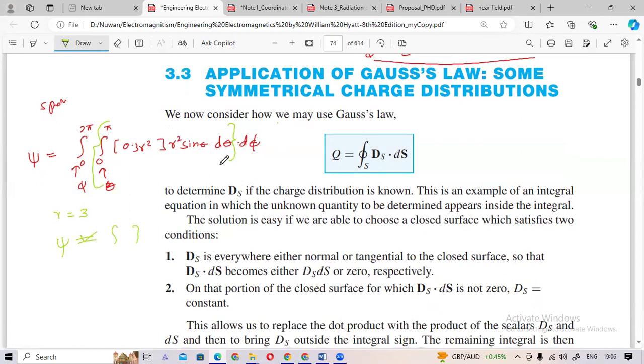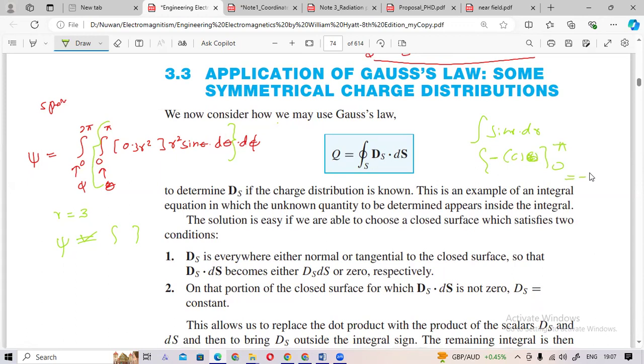It is not much difficult. Sine theta d theta, that is minus cos theta. So apply limits 0 and 5, you will get the answer. For example, if I integrate sine theta with respect to d theta, that is minus cos theta. The limit is from 0 to 5.